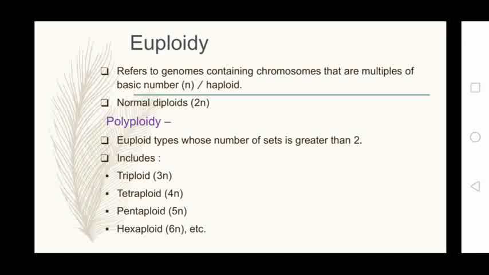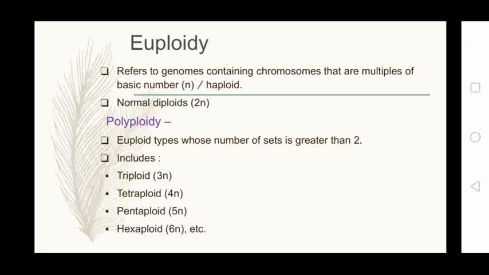Euploidy refers to genomes containing chromosomes that are multiples of the basic number n, that is haploid. So already we have discussed that euploidy involves changes or abnormalities occurring to the entire chromosomal set rather than individual chromosomes.